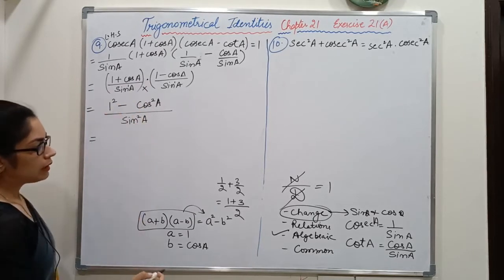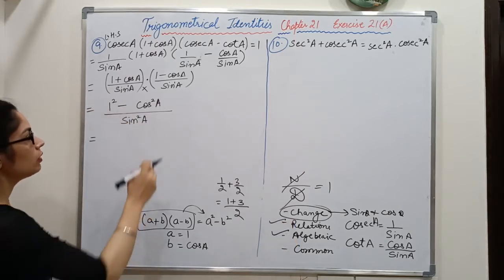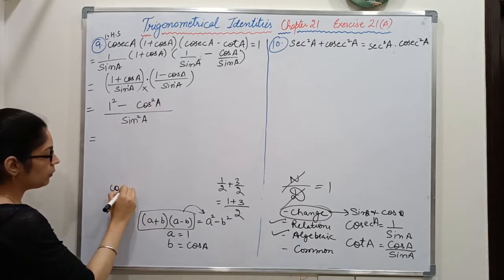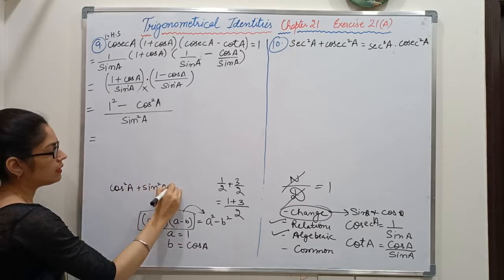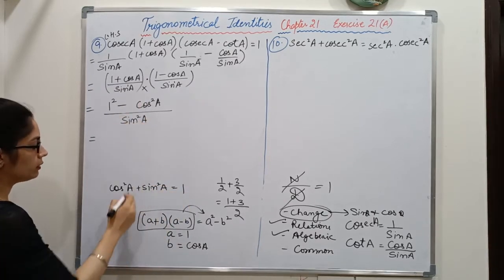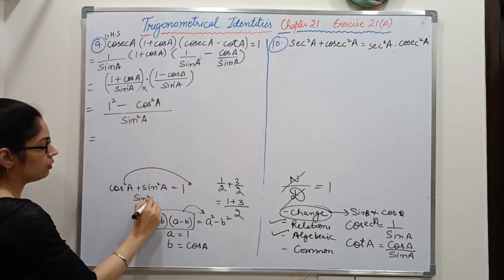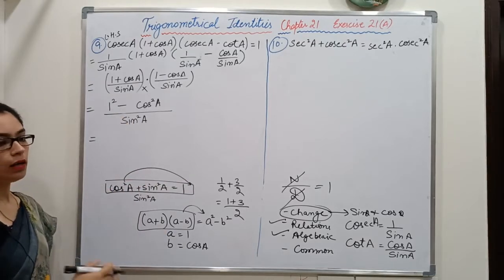So 1 minus, now we have to see the relation. We have to change as per their relations. We know that cos square A plus sine square A is equal to 1. Here we have 1 minus cos square. If we shift cos square to the other side, we are using this expression only, just shifting the terms to the other side.